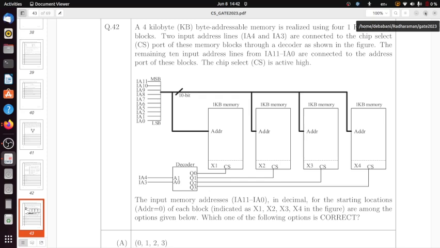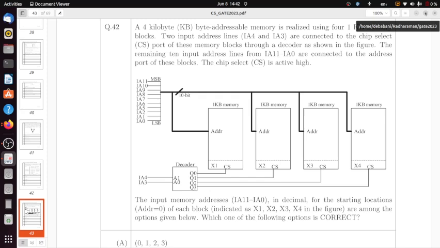Hello everyone. Today we will discuss a question on memory address mapping from computer architecture.